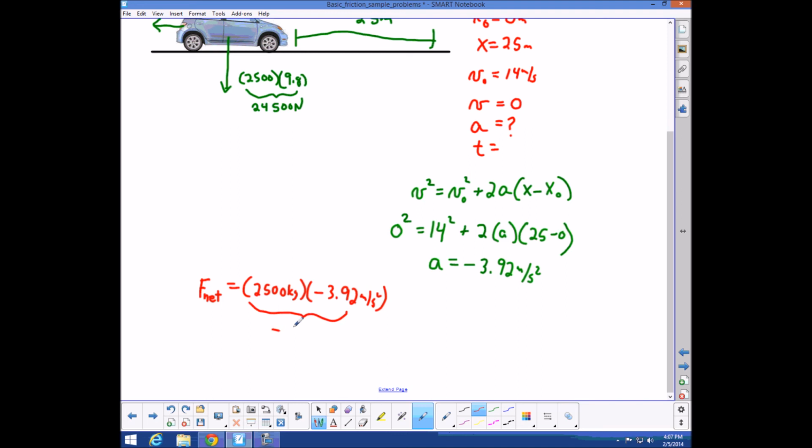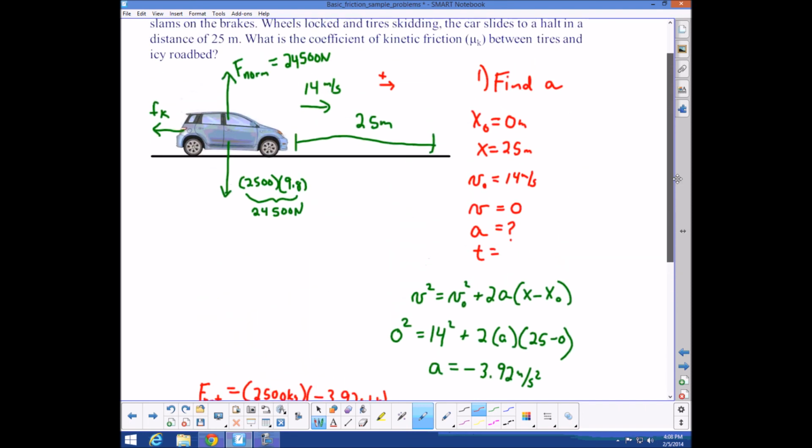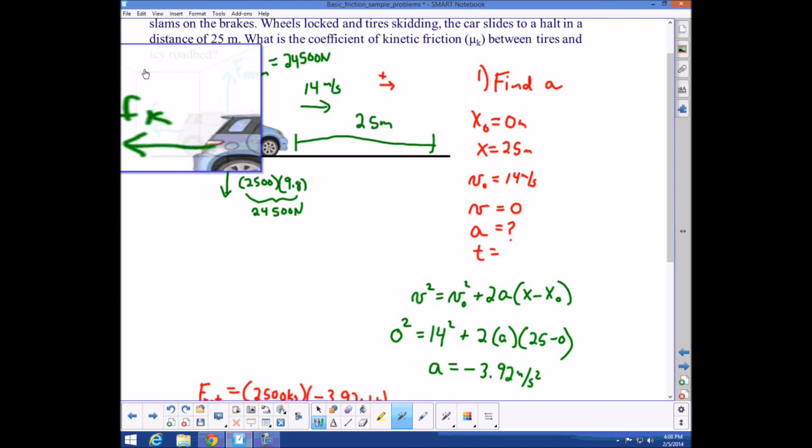So this gives that the net force is negative 9,800 newtons. Looking at the diagram, we can see that the net force that is acting on the car is this force of friction.